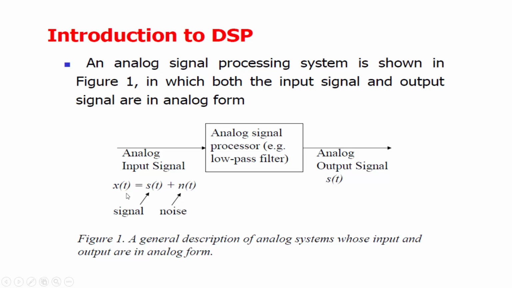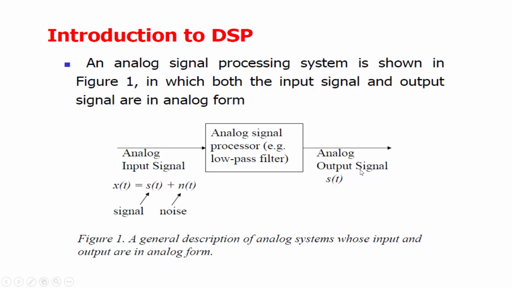Now, x(t) is the analog input signal, which can be composed of either a speech signal or a video signal. n(t) is the noise added into that signal. Now, this signal goes to an analog signal processor, which is basically a low pass filter to cancel out the effect of noise present in the signal.